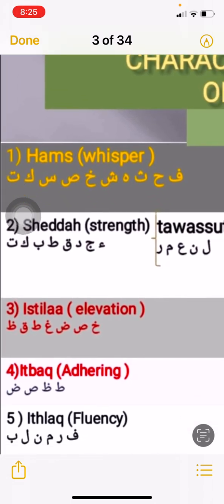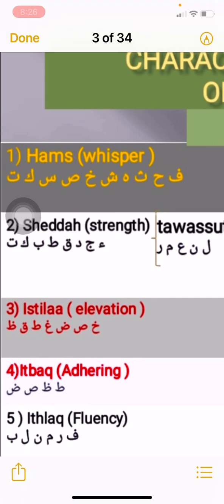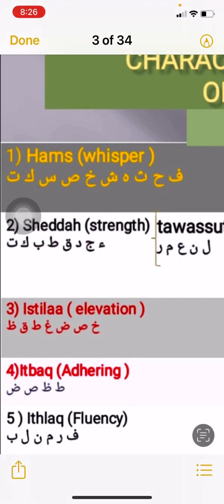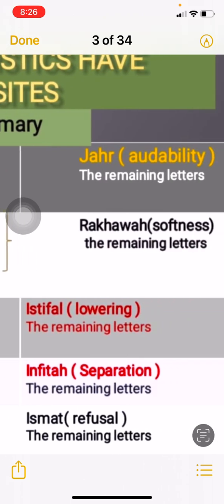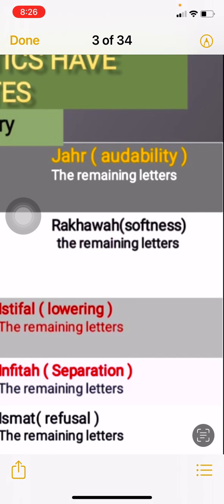It's present with the letters فحثه شخص سكت, like فاء, حاء, ثاء, etc. The opposite of it is جهر or audibility, which is the imprisonment of the breath when pronouncing a letter, and it is present with the rest of the letters.